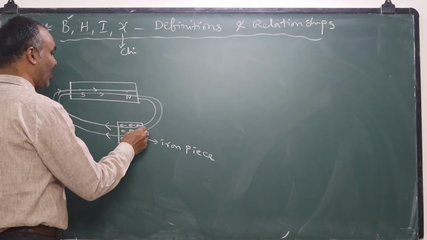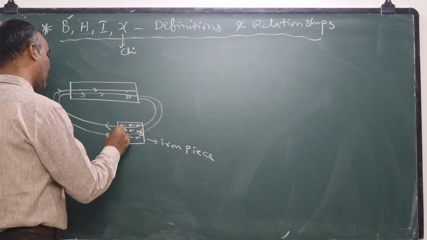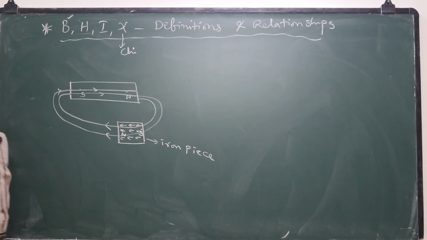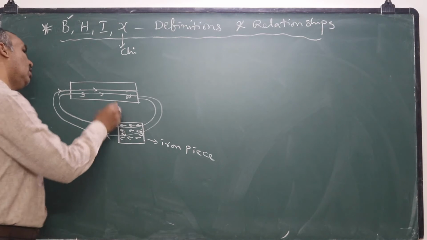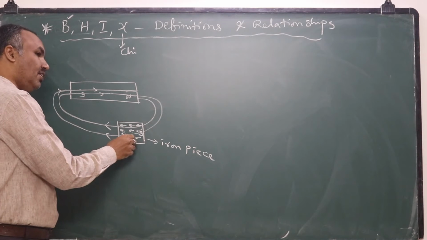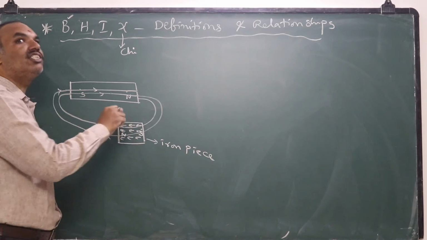Therefore, they create one south pole here and one north pole here. Due to the influence of this external magnet, this iron piece which was unmagnetized gets magnetized now.